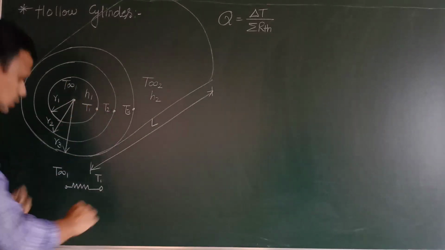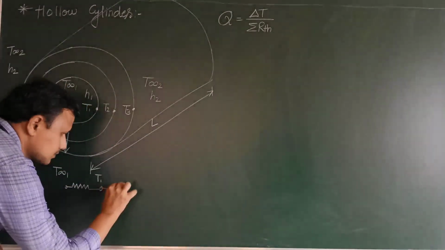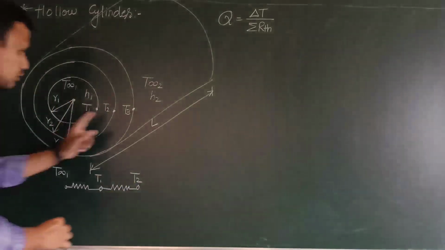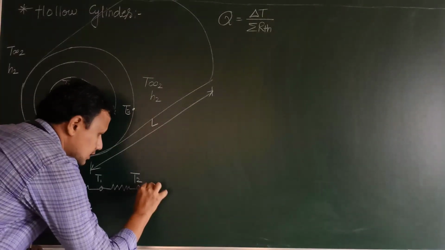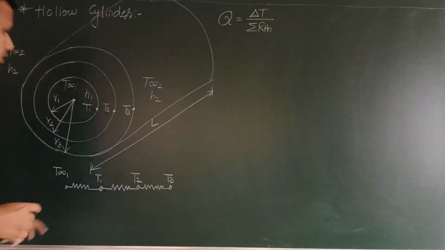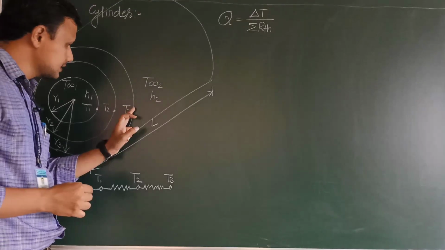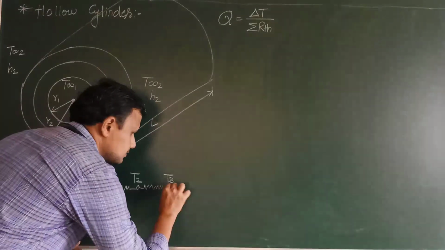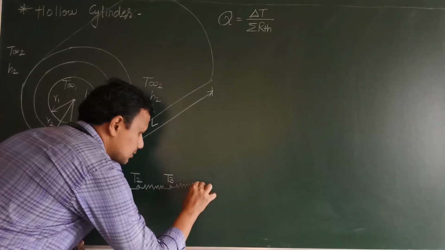Now from T1 to T2, there will be the second resistance. From T2 to T3, there will be the third resistance. Now, there will also be a thermal resistance between T3 and T infinity 2. So, there will be one more thermal resistance.